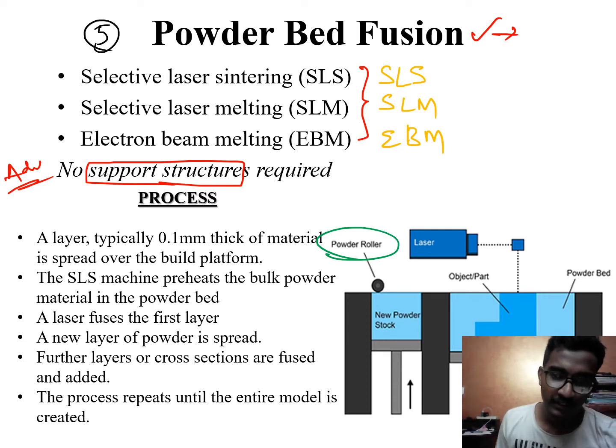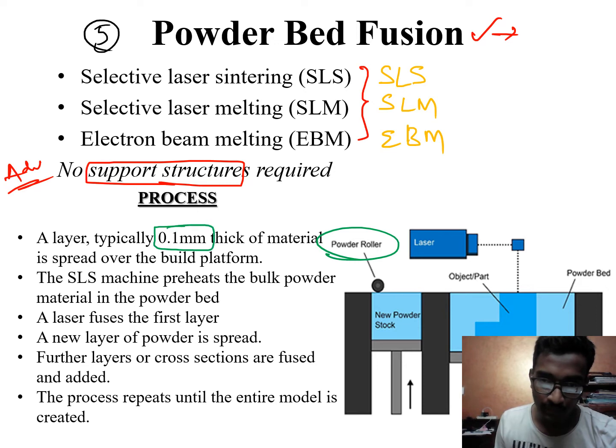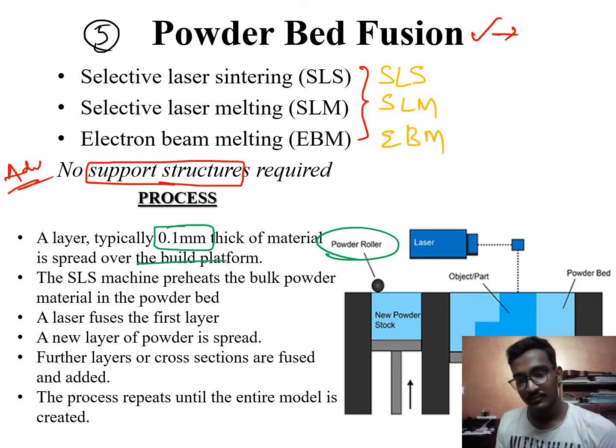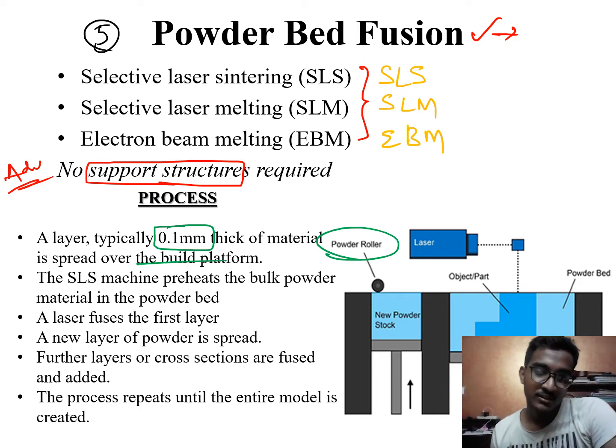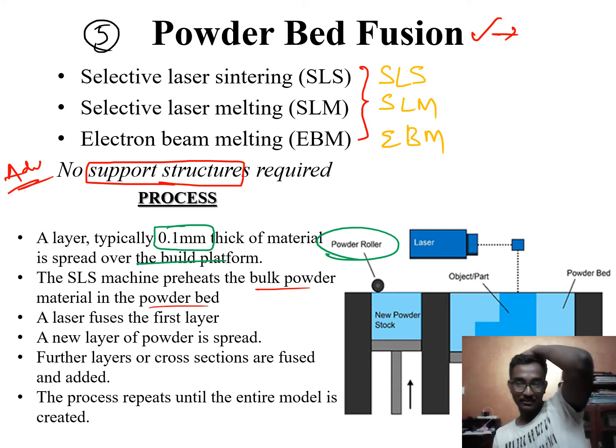Typically, 0.1 mm thick of material is spread over the build platform. See, it's really small, right? The selective laser sintering machine preheats the bulk powder material in the powder head.